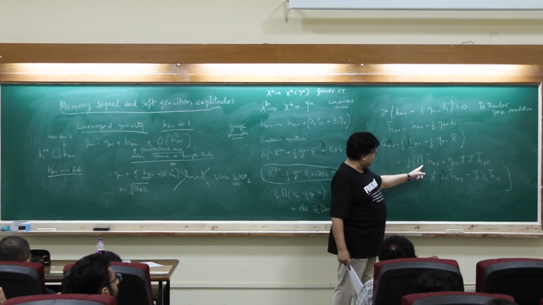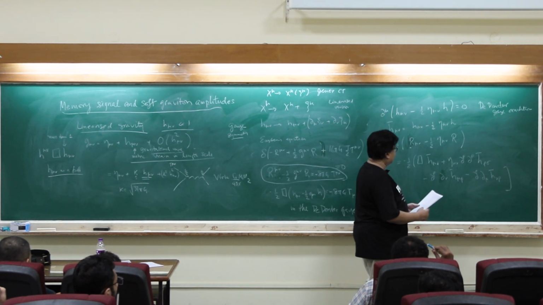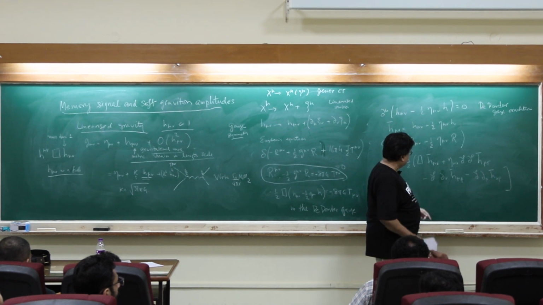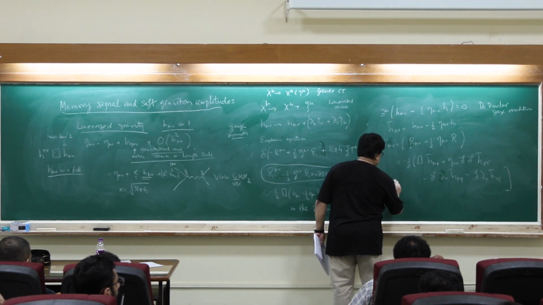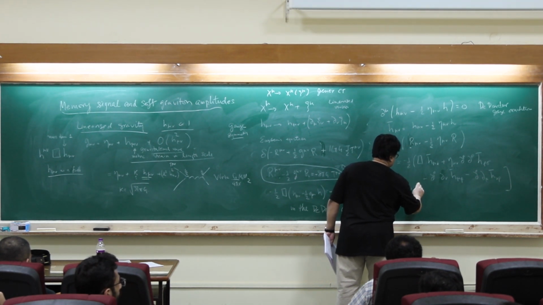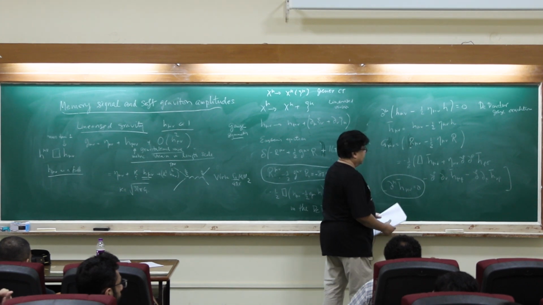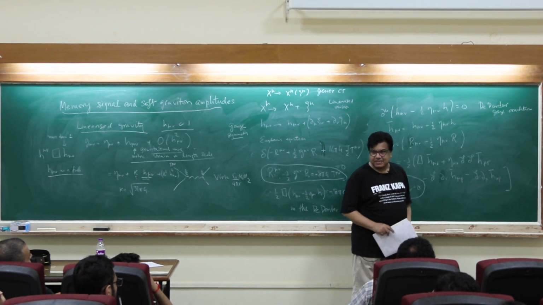So this will reduce to that, and then you can see that the remaining terms, if I take a derivative, any of these, this gauge condition, then all these other terms vanish. And I'm left with that. Okay.